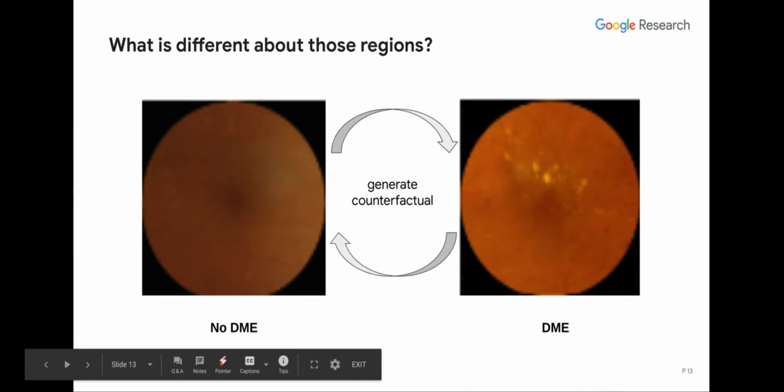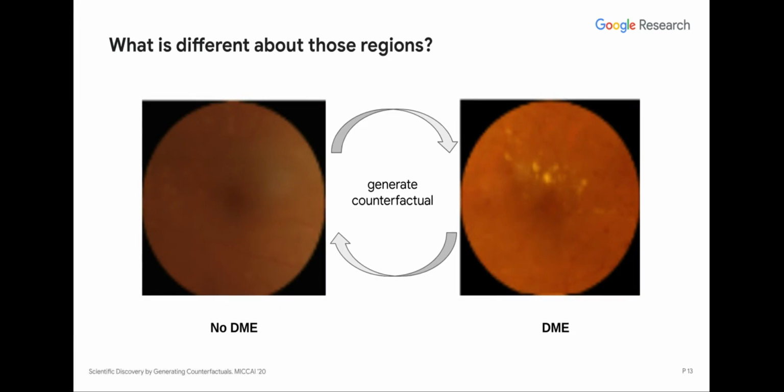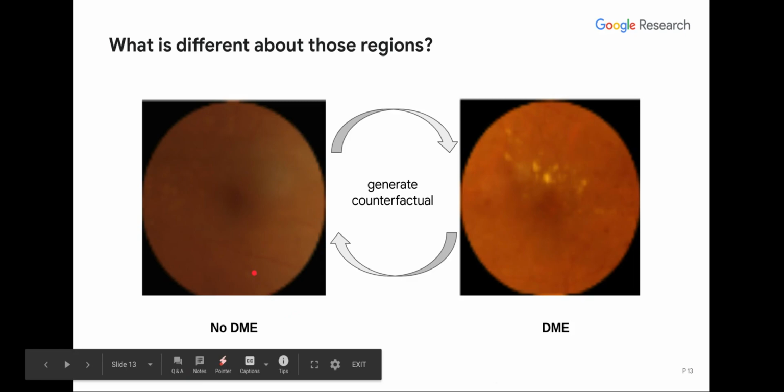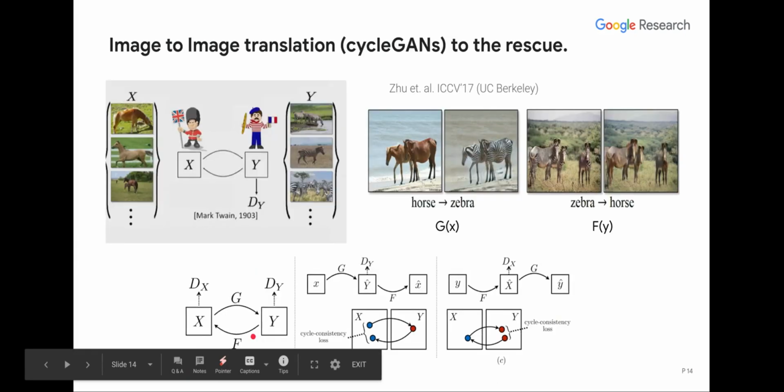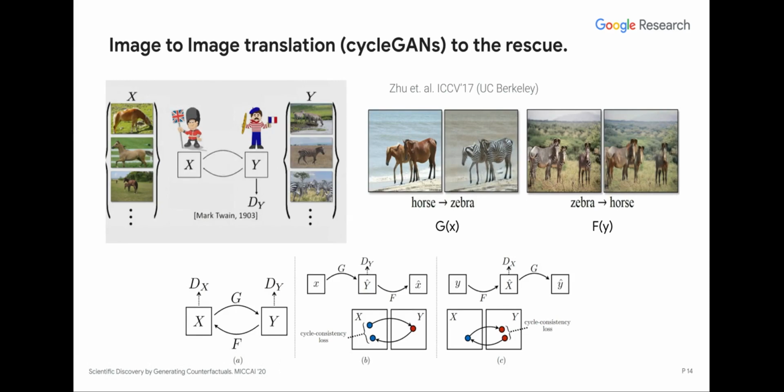So the next question that we want to ask is, what is different about these regions? Specifically, we want to answer the question, what would this fundus image look like if it had DME, and vice versa? To do this, we trained an image-to-image translation model, specifically a cycleGAN, to translate images from one domain to another.